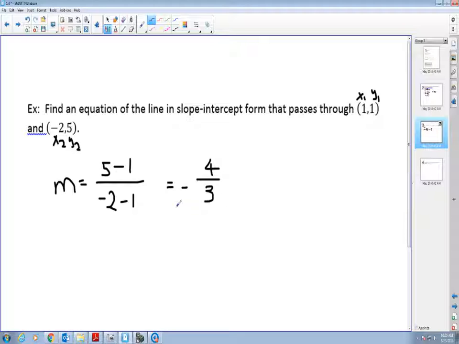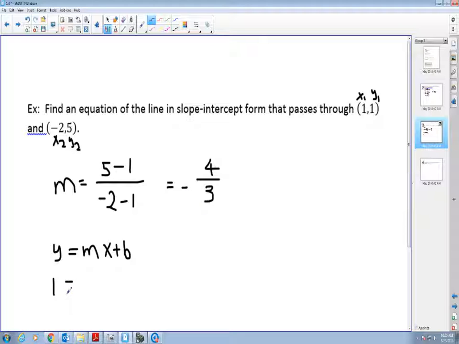Alright, so once I find my slope, now I can write out the equation of the line. I've got two points here. I just need one of the two points to help me write out my equation. So I'm going to pick 1, 1. Seems a little bit easier. So for my y equals mx plus b, I'm going to substitute 1, 1 for my x and y variables, and the slope -4/3.